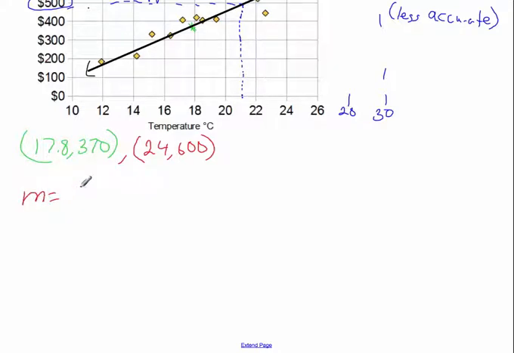So slope equals 600 minus 370 over 24 minus 17.8.